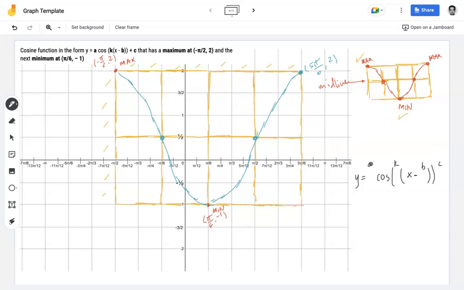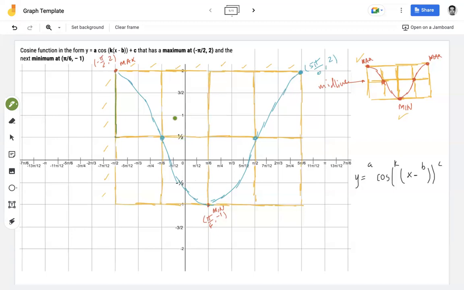And here we're going to have the a, based on our amplitude. So let's figure out the amplitude. The amplitude is from the midline, either up or down.